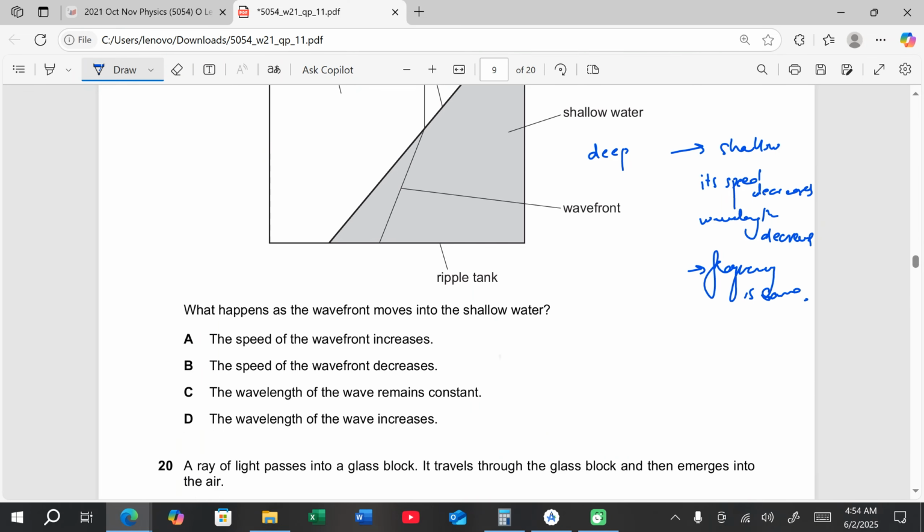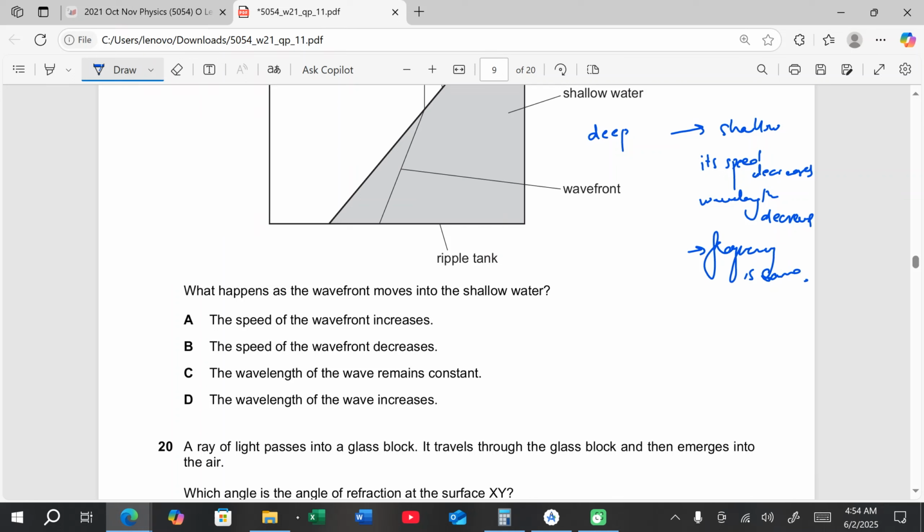What happens to the wavefront? Its speed decreases.